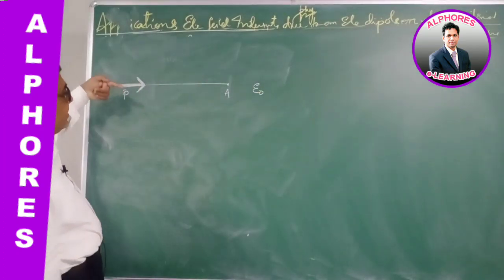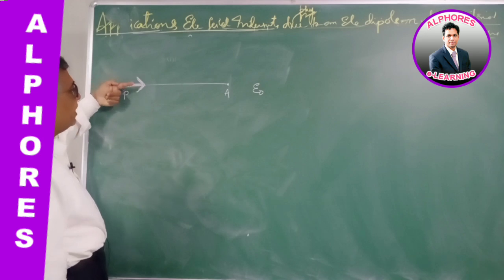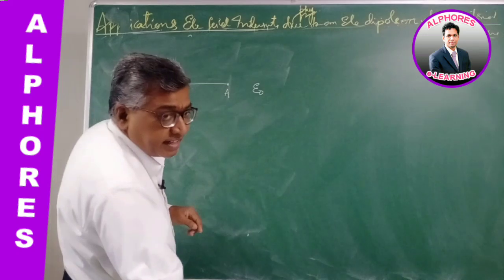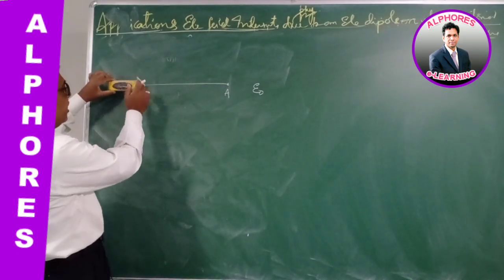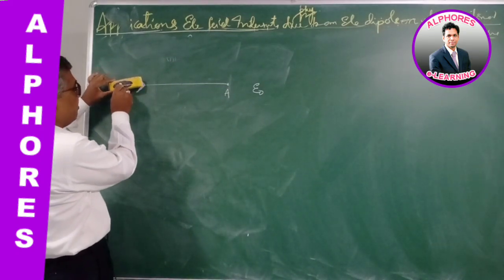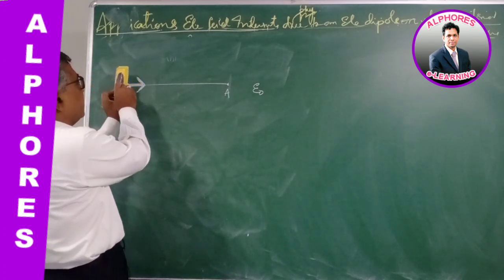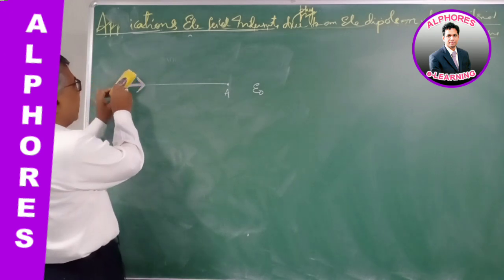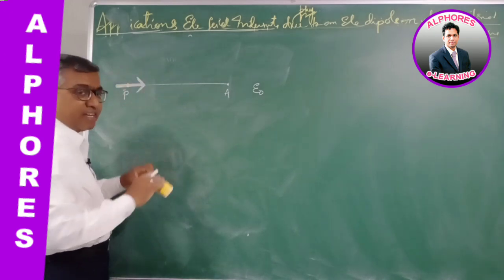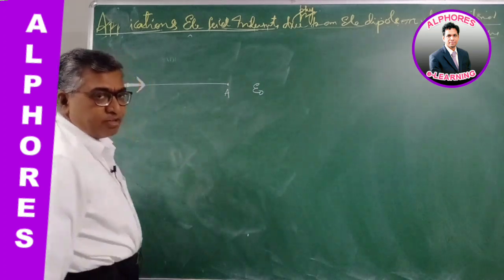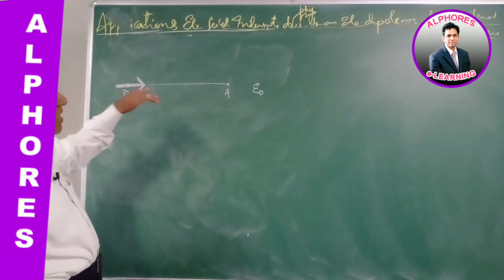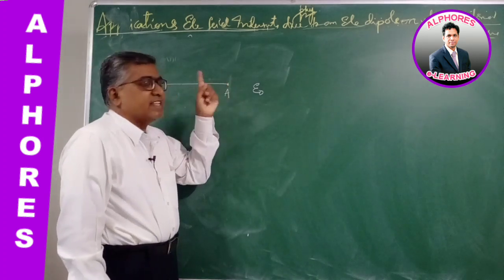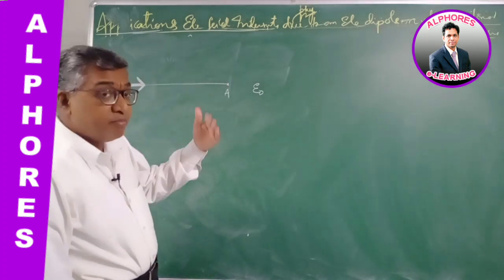Now, if the dipole is tilted, rotated about its midpoint through 90 degrees, perpendicular, what would be the resultant electric field at the same point A after being tilted?